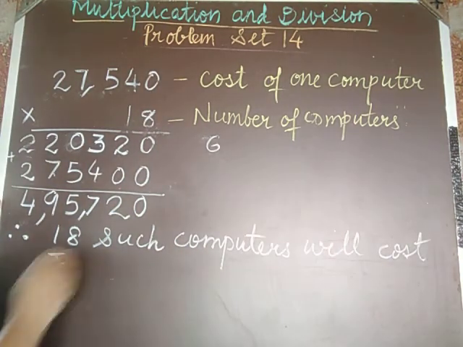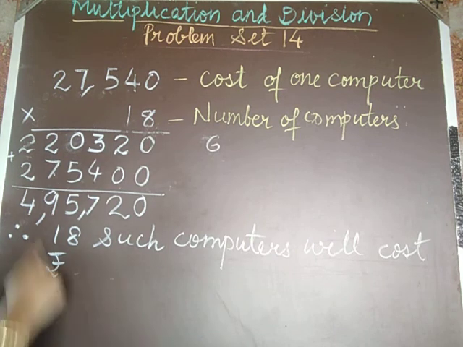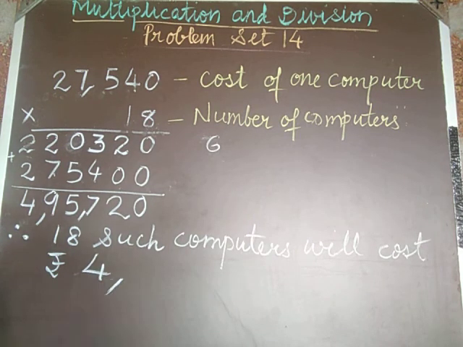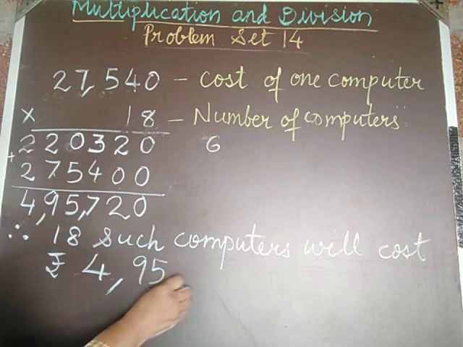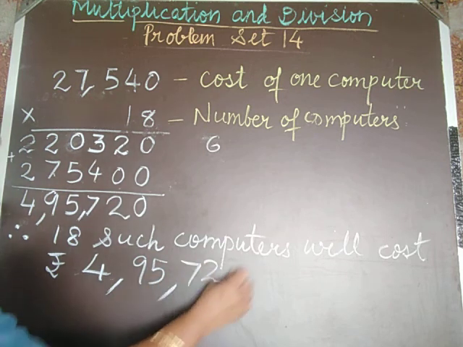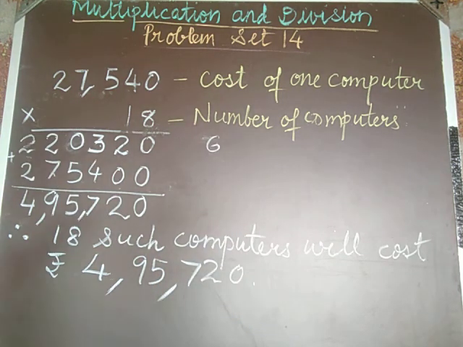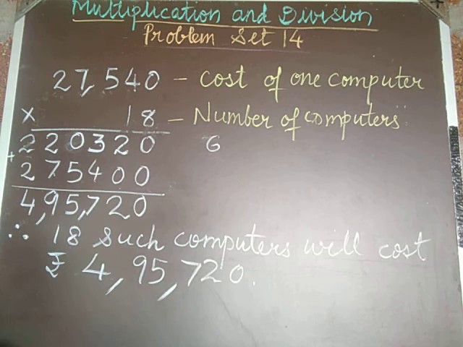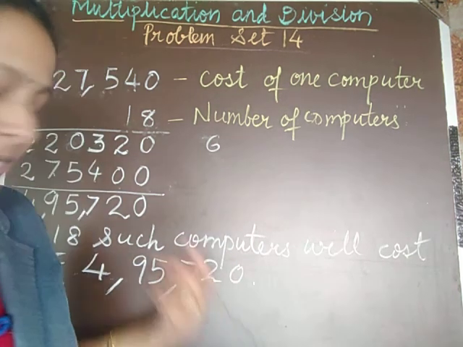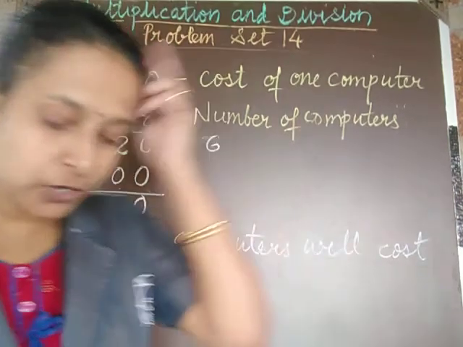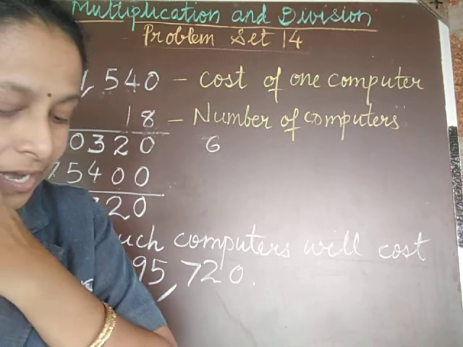Rupees. Okay, rupees you have to write like this. Rupees 4,95,720. Okay students, so this is how you are supposed to write the answer. Is that clear? So 18 such computers will cost rupees 4,95,720.